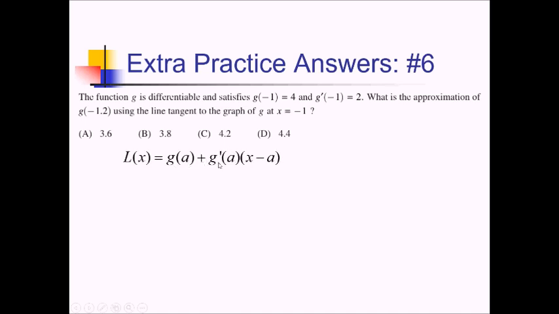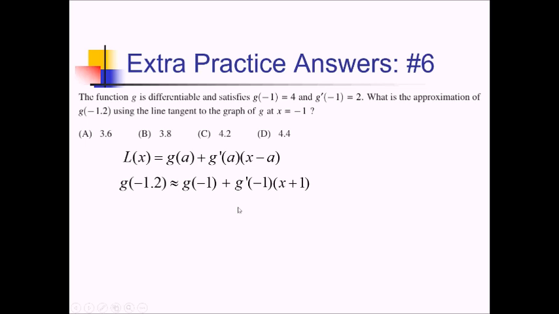Usually I write it with an f, but I'm making it all special for this problem here. So g of a in this case really means g of negative 1. And g prime of a, that's g prime of negative 1, and this should be x minus negative 1 or x plus 1.